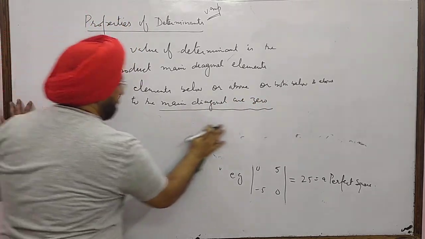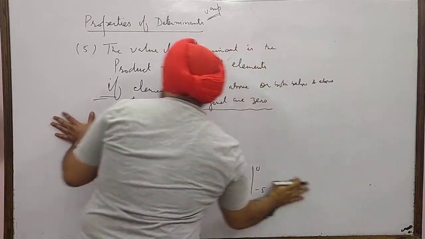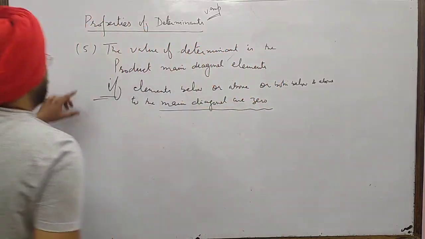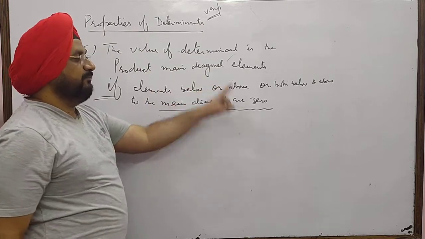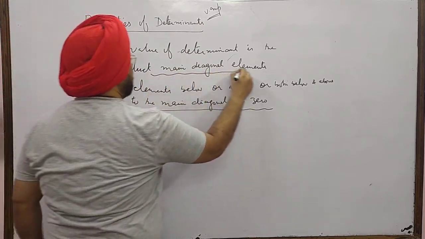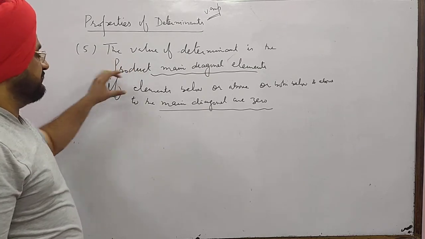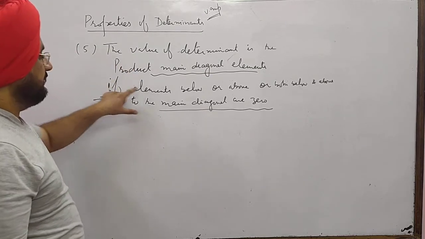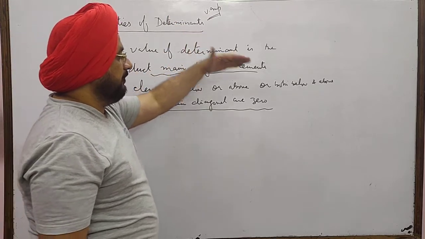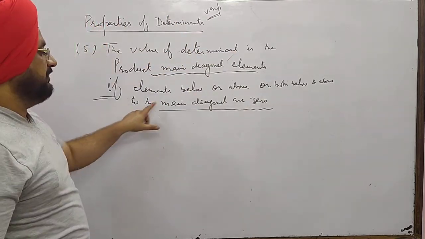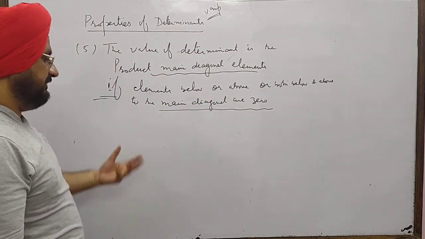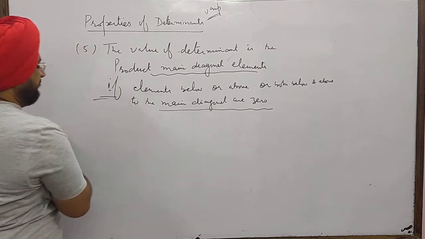So according to this fifth property, the value of determinant is the product of main diagonal elements, but it is not always true, this is the condition you must know. Let us see what this property says in a particular example.